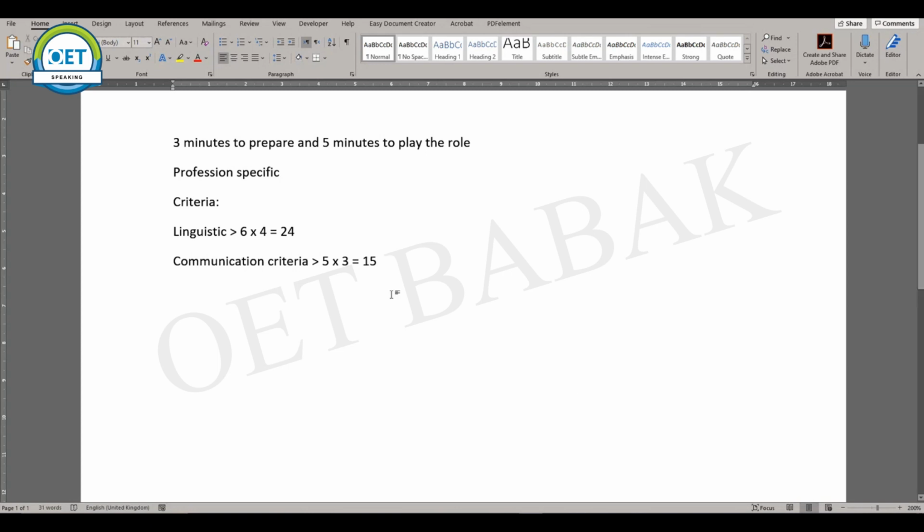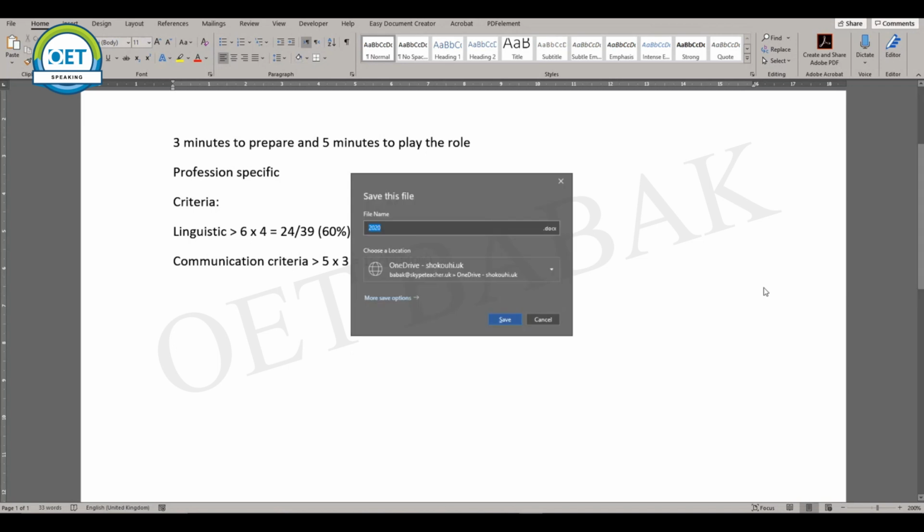Okay, so if we say 24 out of 39, this is nearly 60% and 40%. So 40% belongs to the communication criteria.